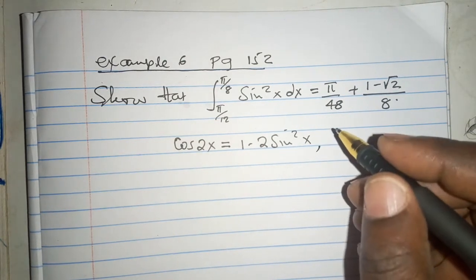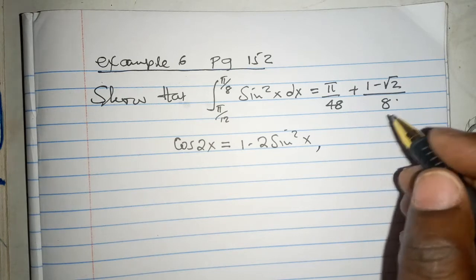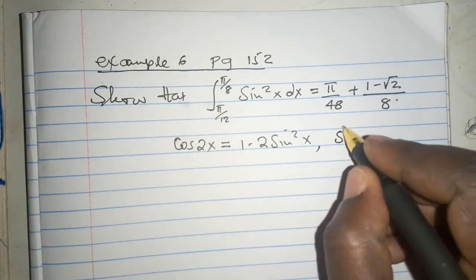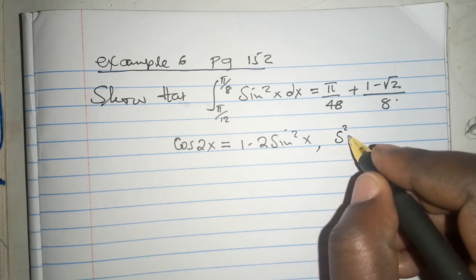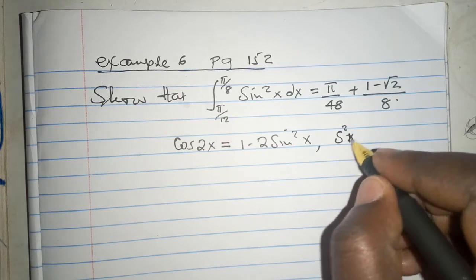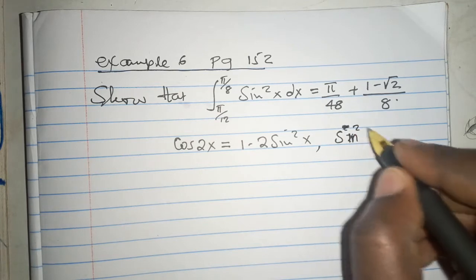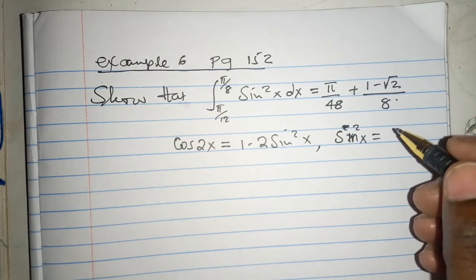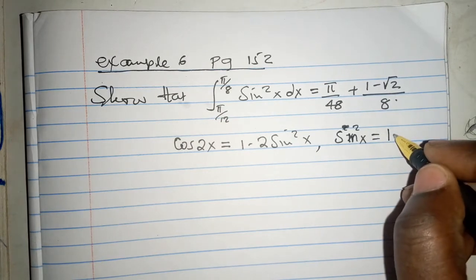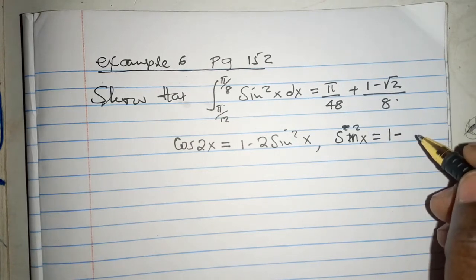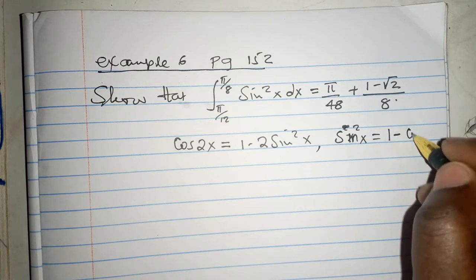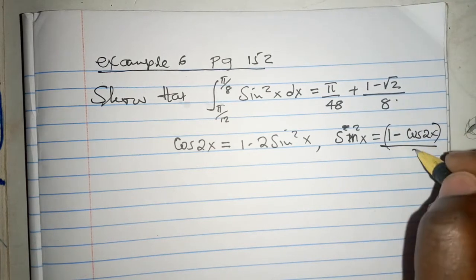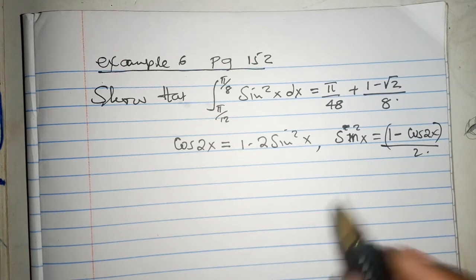It is important to note that the sine squared of x can be given by 1 minus cos 2x, all divided by 2.